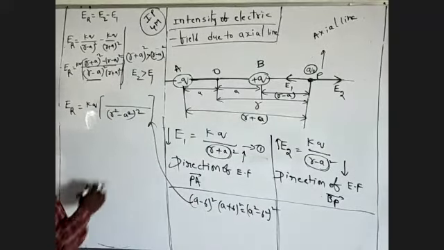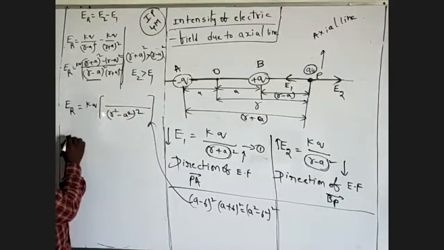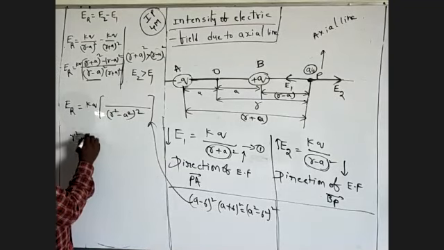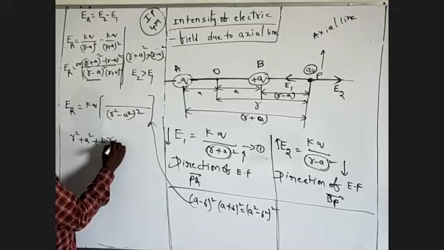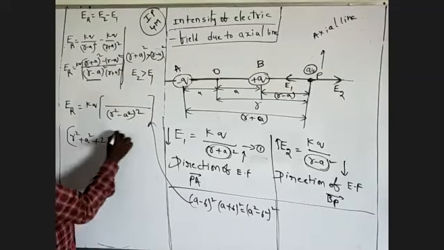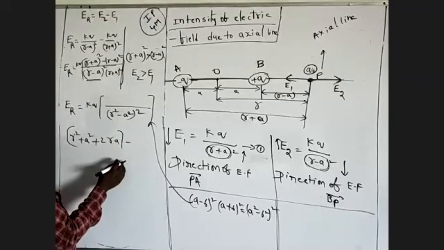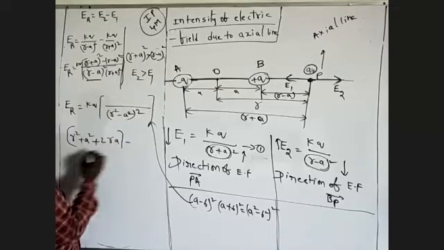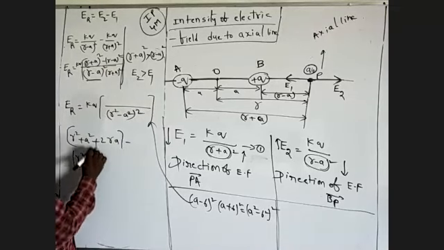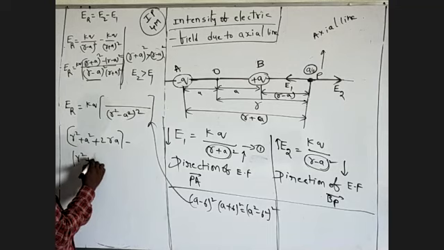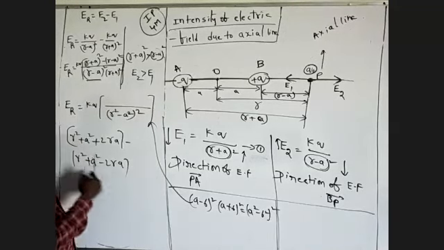Now see, this is A plus B whole square: R square plus A square plus 2RA, minus this R minus A whole square: R square plus A square minus 2RA. Now simplify this.